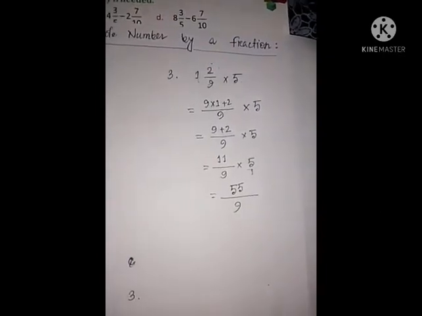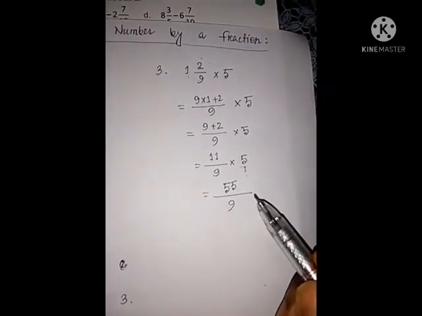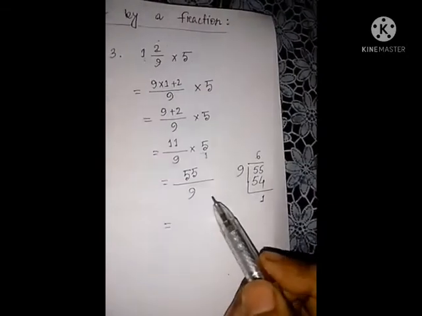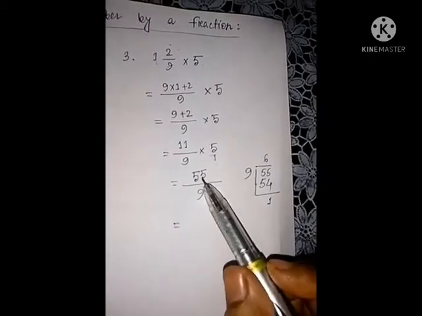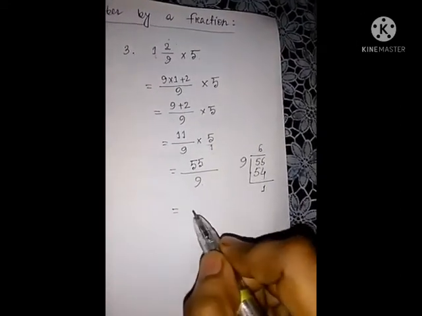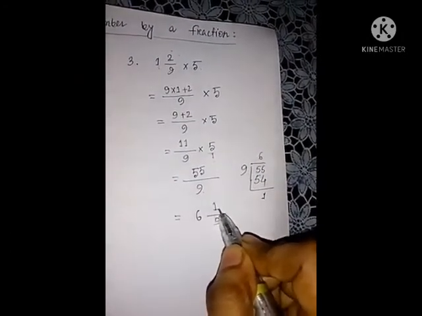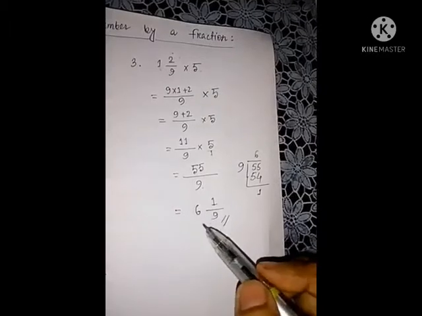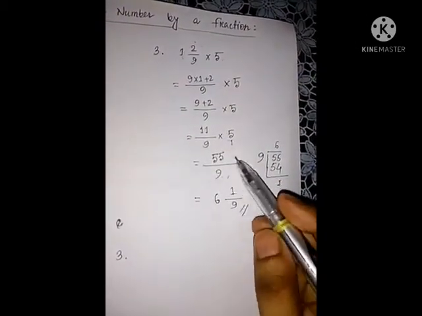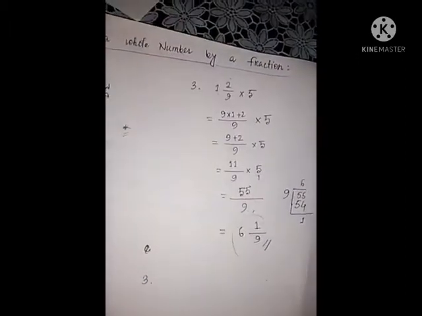Now we can make this a mixed fraction. I divided 55 by 9 and the reduced form is this. So you can simplify an improper fraction into a mixed fraction.